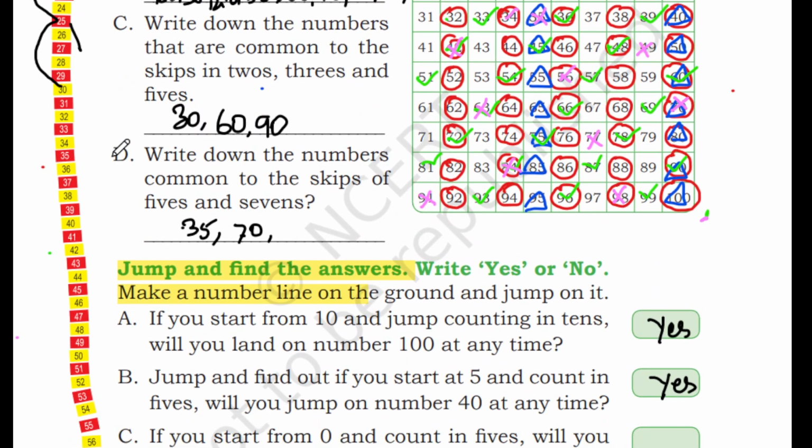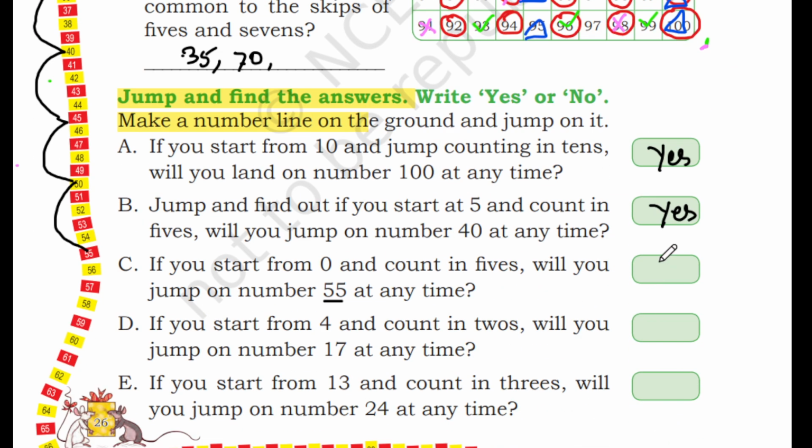So we have to count in 5. So 35, 1, 2, 3, 4, 5. You reach 30 to 35. So 35, 40, then 45, 50, then count 1, 2, 3, 4, 5. You reach 55. So we are reaching 55. So the answer is again yes.